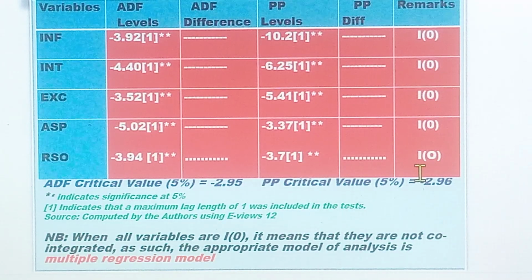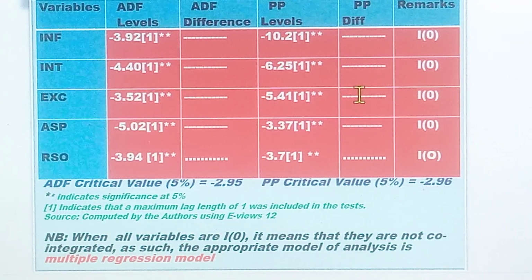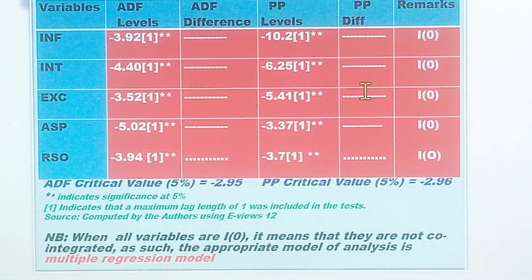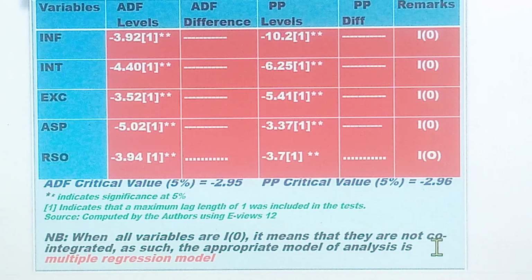Now, when the variables are all integrated of the same order, and the order of integration is I(0), that is, they are stationary at level, this is the ruling. When all variables are I(0), it means that they are not co-integrated.